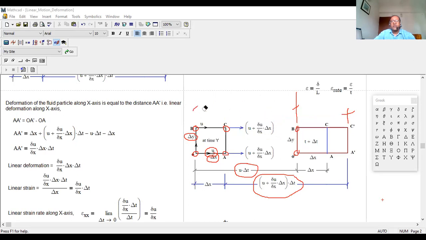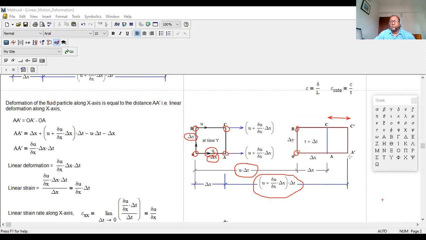Deformation means how much the dimension changes. If you get the delta, that means the change of dimension, then you can figure out the strain. So our intention is to find the change in length. So this much length is the increase of the fluid element, right?